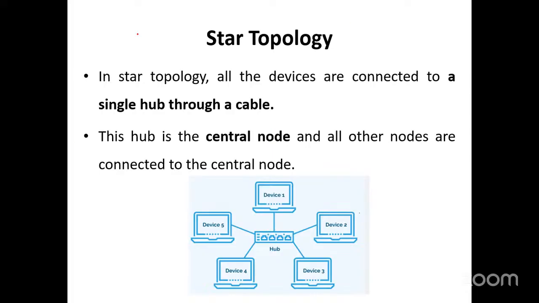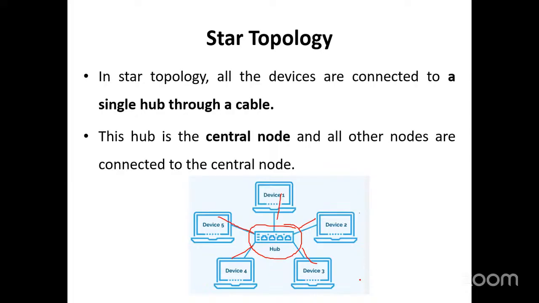In a star topology, all the devices are connected to a single hub through a cable. So in this network, we are maintaining a hub. To that hub, all the devices are connected in a shape like a star. This is called a star topology.